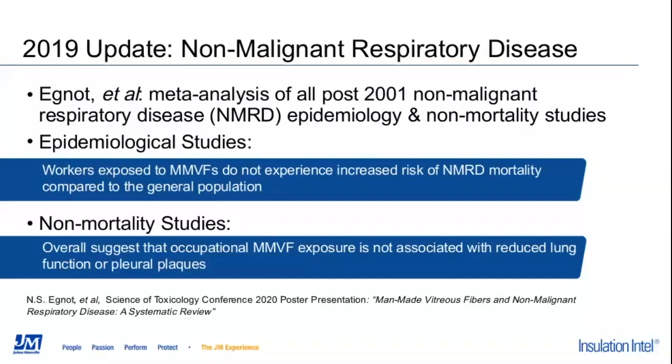And on the morbidity part, the overall suggestion is that occupational fiber exposure is not associated with lung function reduction or pleural plaques. So we're very excited that we have those two epi updates. And as Kim explained, this is all part of: we investigate, we publish, and then we communicate. These are going to be published soon, and then we will be pushing some communications out on these.